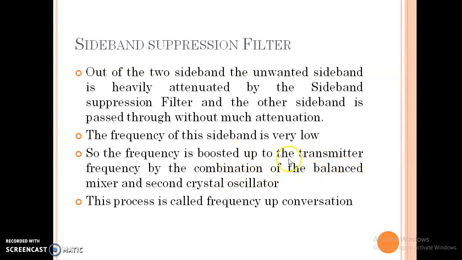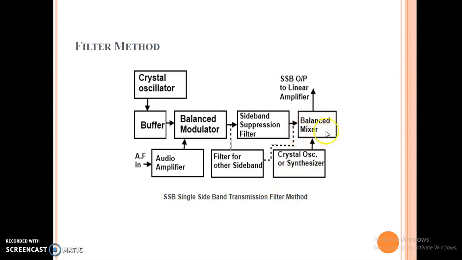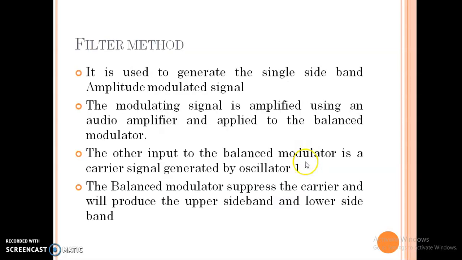Means the balanced mixer is used to upconvert the frequency. Coming back to the diagram, this balanced mixer is used to increase the frequency of the sideband. It receives the input from the sideband suppression filter and a second signal generated from this crystal oscillator.